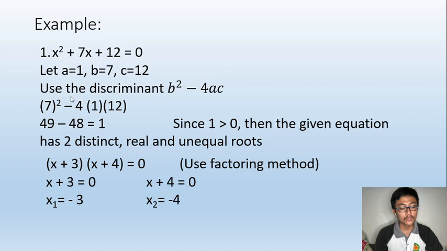So, giving us x sub 1 equals negative 3 and x sub 2 equals negative 4. So, tama yung pag-solve natin ng discriminant dahil napatunayan natin na meron talagang dalawang magkaiba, real at hindi parehas na roots in case of negative 3 and negative 4.